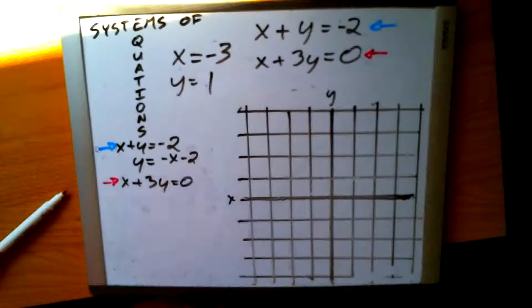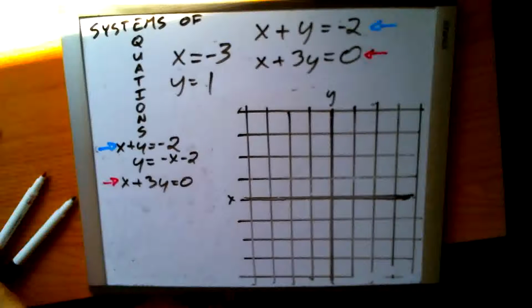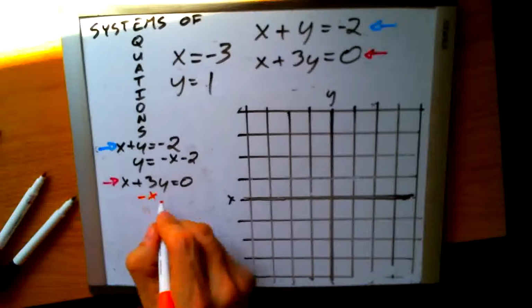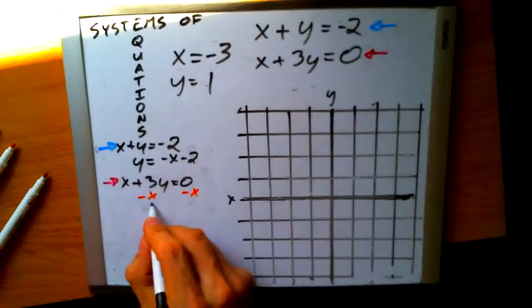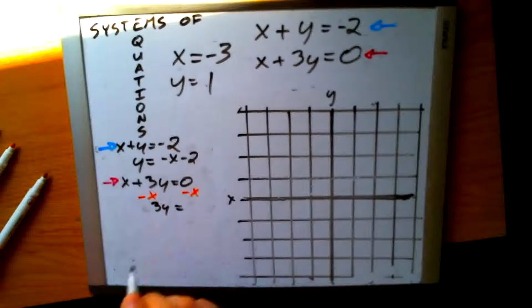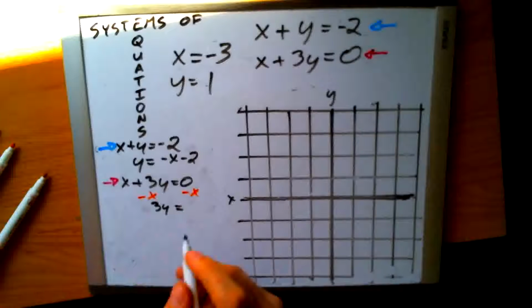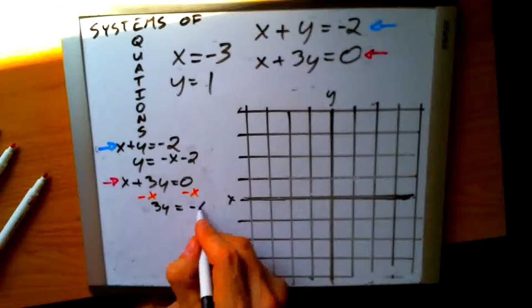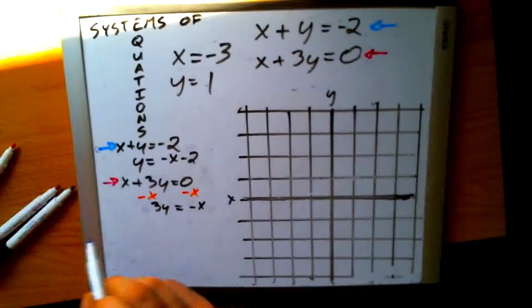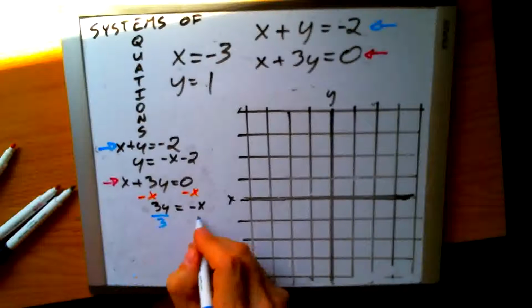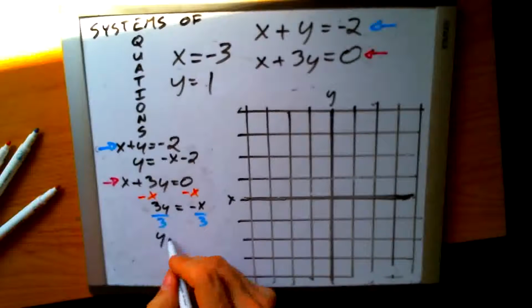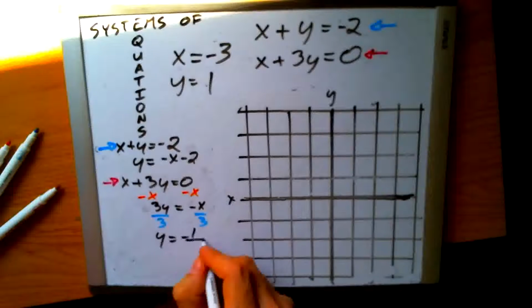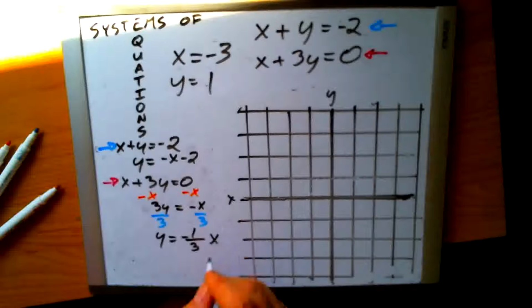For the second equation, x plus 3y equals 0, let's subtract x from both sides to get y on its own. So 3y equals -x. And continuing to get y on its own, let's divide both sides by 3. So y equals -1/3 x.